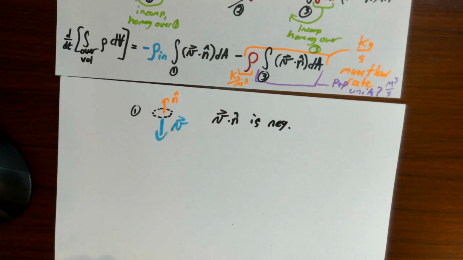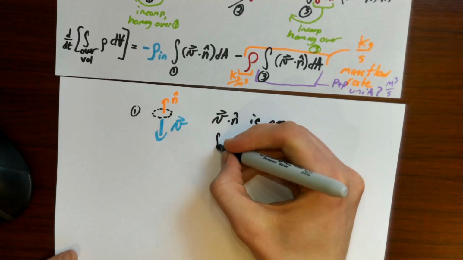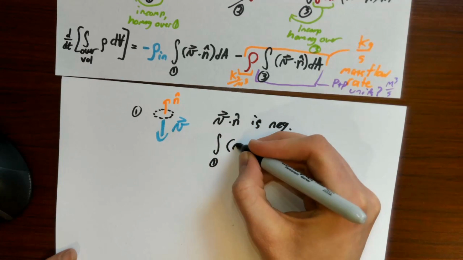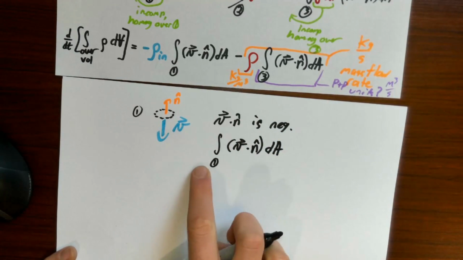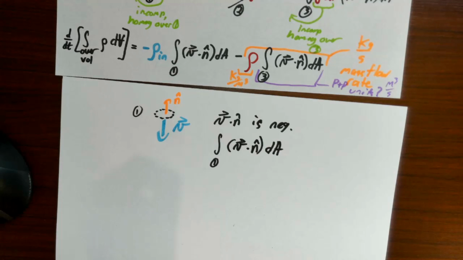So what does this mean? If I think about the integral over surface 1 of v dot n dA, this whole thing has to essentially be a volumetric flow rate.